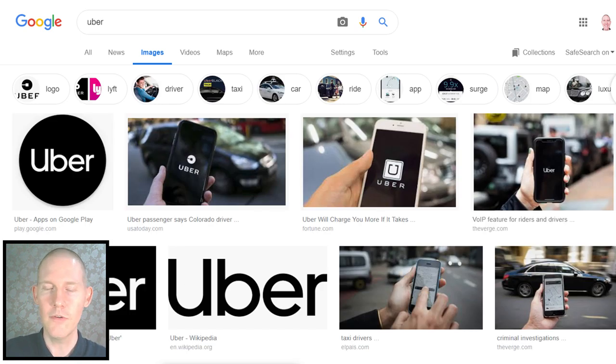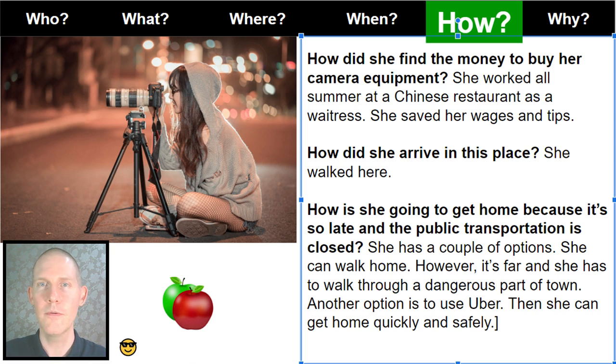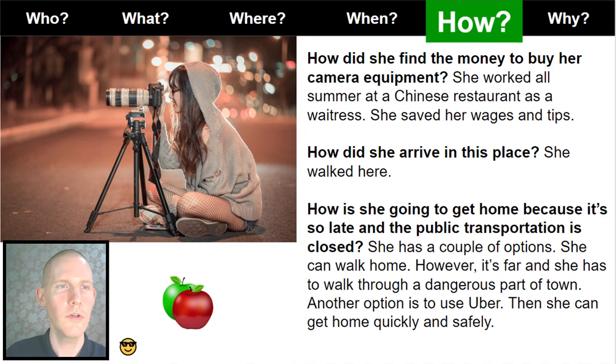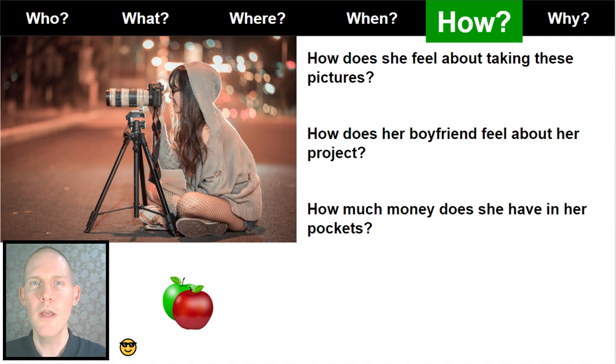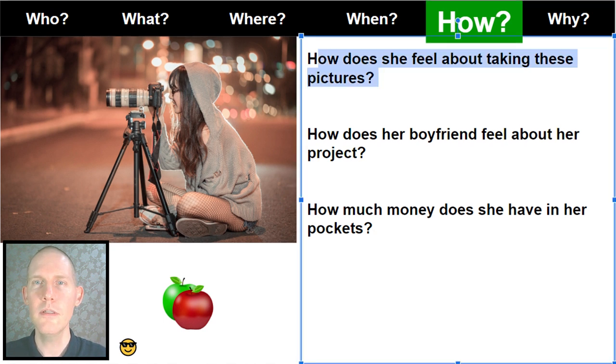Right. Okay, let's see. Let's go back. Here, whoop, not there. Where am I? There it is. Okay, so then she can get home quickly and safely. Right. Okay, so let's move forward to the next set. How does she feel about taking these pictures?